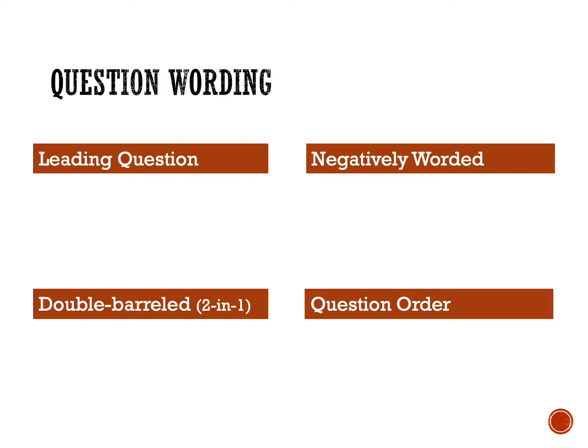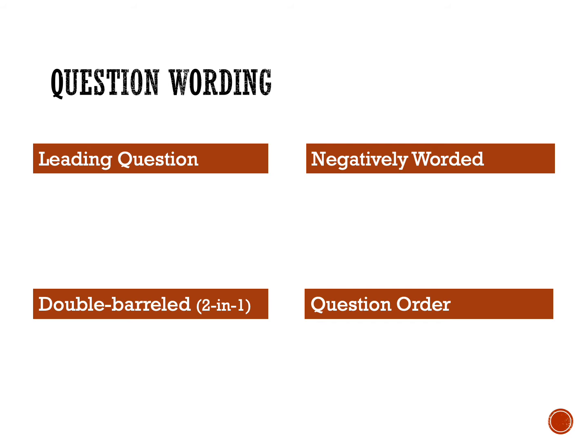Next, we'll talk about question wording. Question wording is also really important in terms of construct validity. The questions on a survey should be worded very clearly so that you get valid, honest responses. Here are some pitfalls, and we'll talk about how to avoid them. So the first one is leading questions. This is when a question is not neutral.